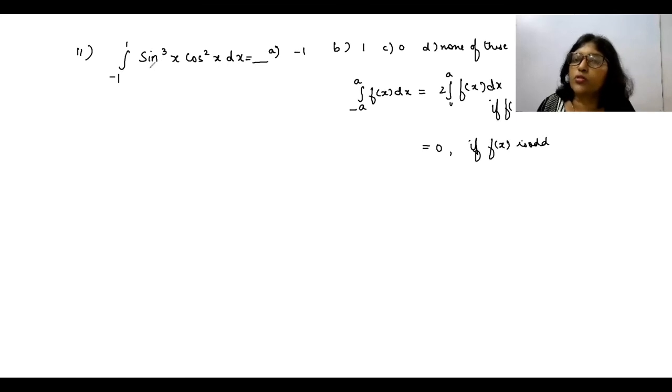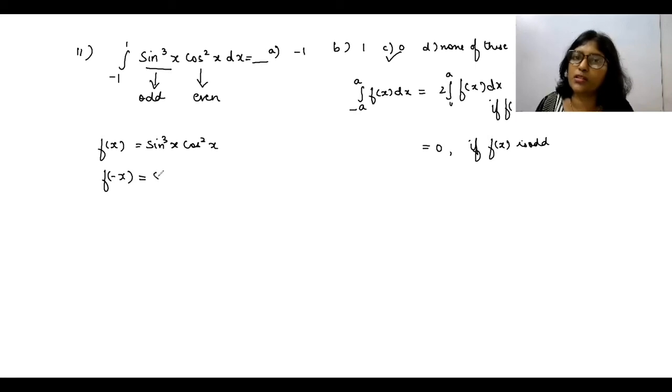So over here we know that sine is an odd function and its degree being cube, it is still going to remain odd, and cos is even, whatever the degree it is. So we have an odd function and two even functions, which will be odd, and so the answer is 0. And if you want to check, fx is equal to sine cube x into cos square x, and to check whether a function is even or odd, you have to replace x by minus x.